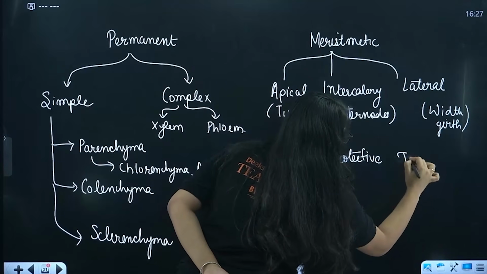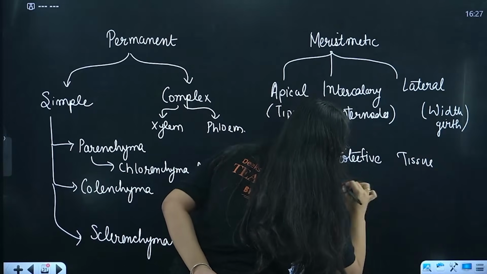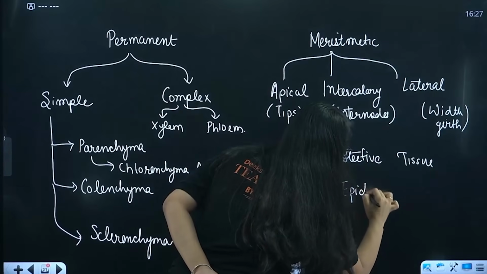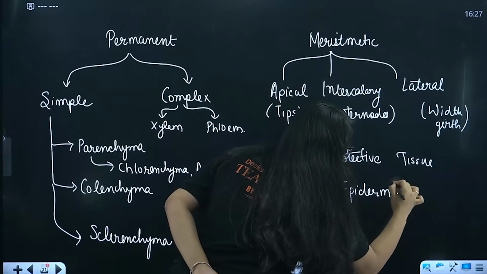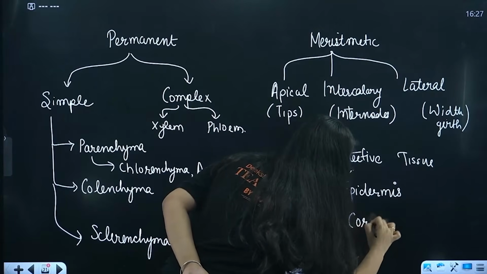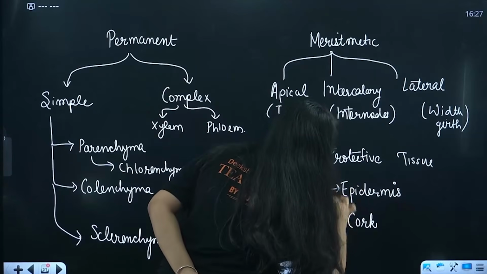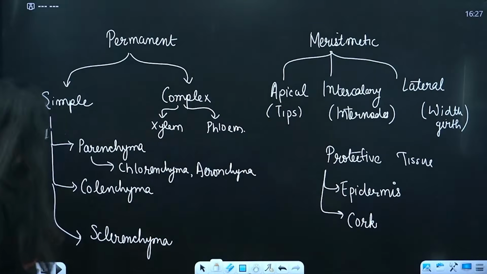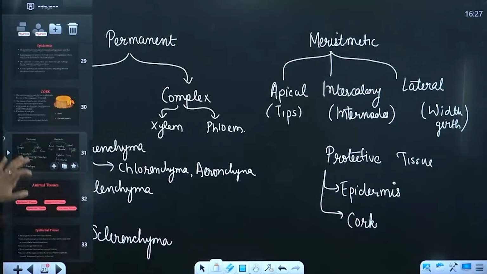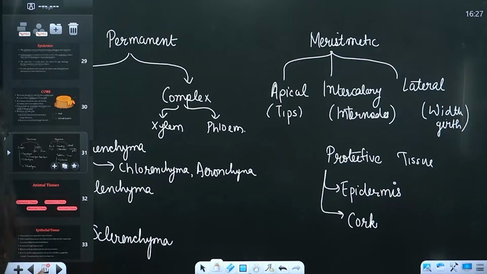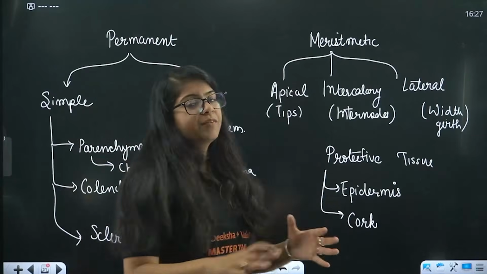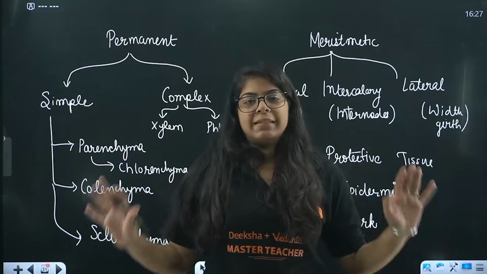First was your what? Epidermis, and we have cork. Okay, understood beta? These are all the things we learned in your plant tissue. Done? So the first part of your chapter is completed.